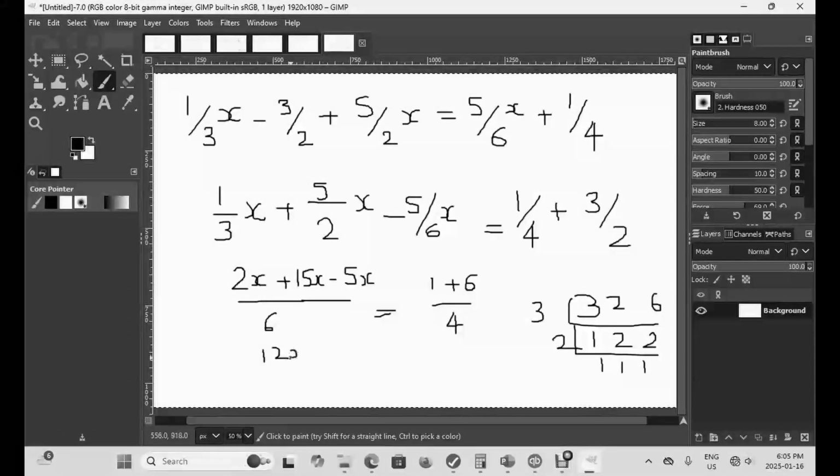So 12x over 6 equals 7 over 4. We can simplify this further. This becomes 2x equals 7 over 4, therefore x equals 7 over 4 times 2, which is 8. So this is how you solve for x.